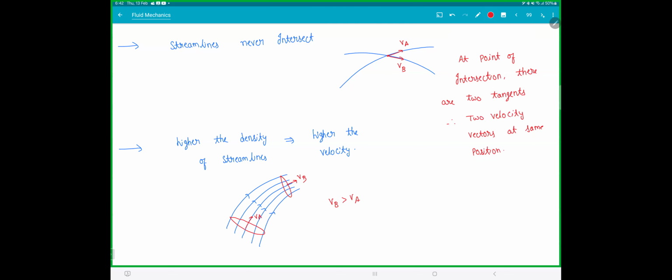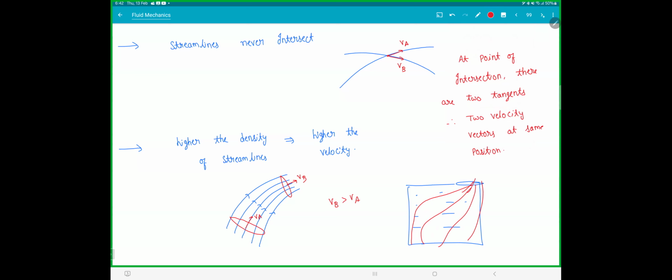Think of it like this. Let's say this is your classroom, and this is the door. All are sitting here. After the class gets over, and everyone is leaving, how do they leave? Everyone is trying to leave through the door like this, right? Each person is like a streamline. Now you tell me, where do people go faster? Near the door or away from the door? As you get closer to the door, everyone will start pushing, right?